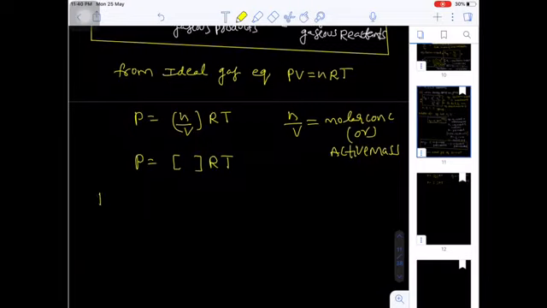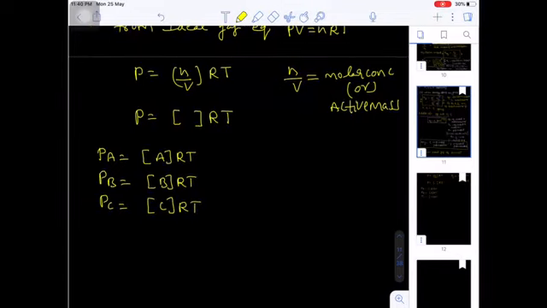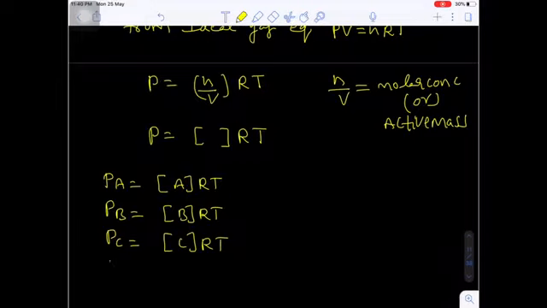Let's suppose, what is the partial pressure of A? Active mass of A multiplied by RT. Partial pressure of B, active mass of B multiplied by RT. Partial pressure of C, active mass of C multiplied by RT. And partial pressure of D is equal to active mass of D multiplied by RT.